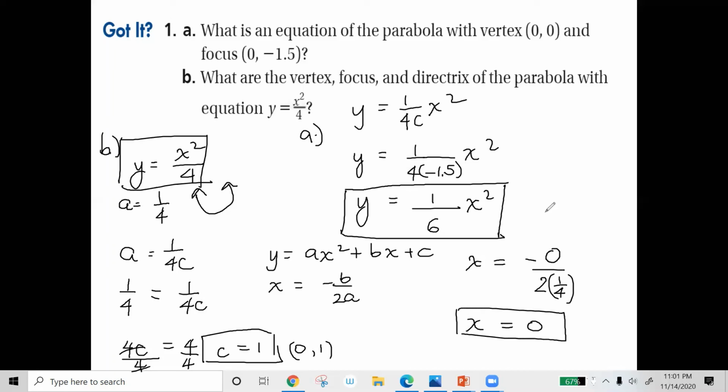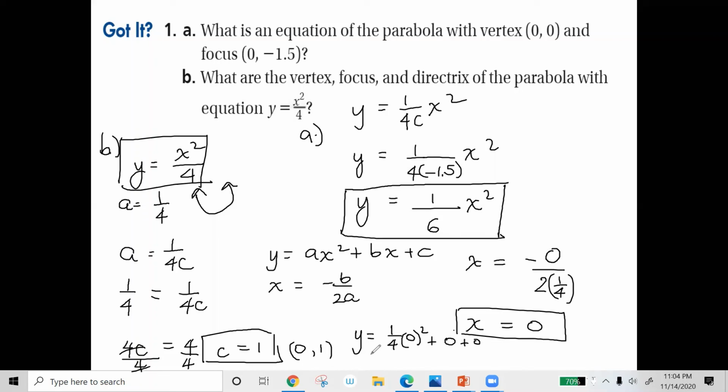Now to solve for y, y equals a, which is 1 over 4 from the given, times x squared, where x equals 0, plus bx. Since we don't have b, I will write 0, and for c we don't have any value, so I'll write 0 again.